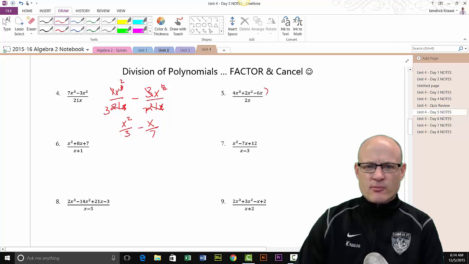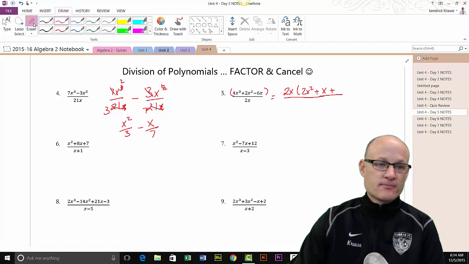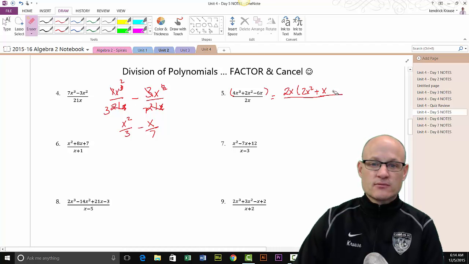Let's take a look at this one. This one's a better problem. On the top, the GCF is a 2x. So I will take a 2x. That's the largest thing I can take out. And when I take a 2x out of each of these, I'm left with 2x squared plus x, oops, not plus, but minus 3.